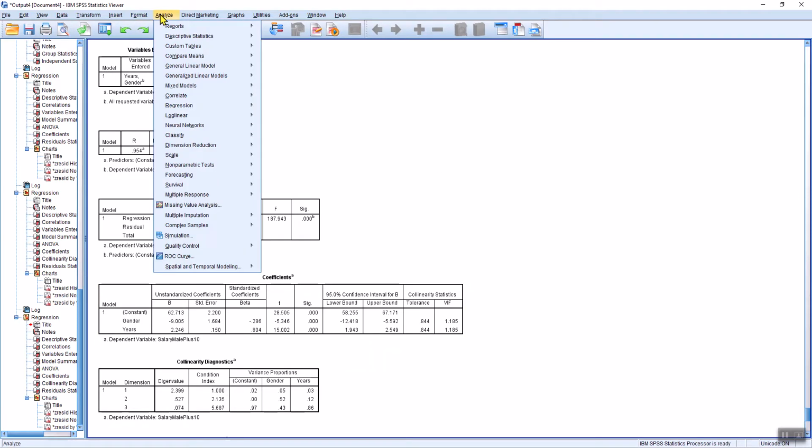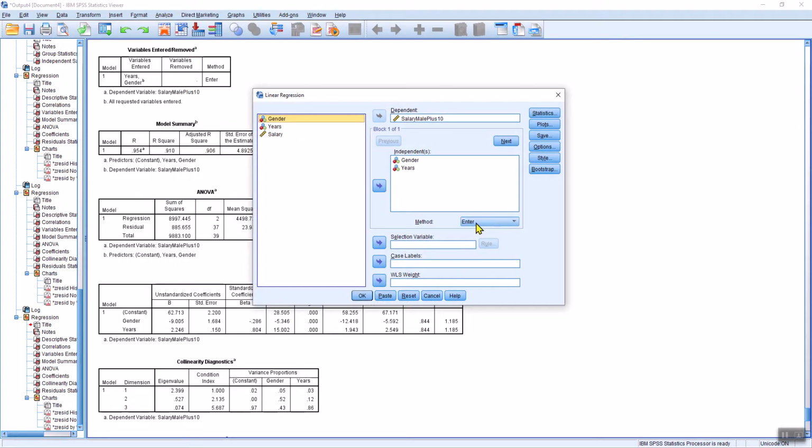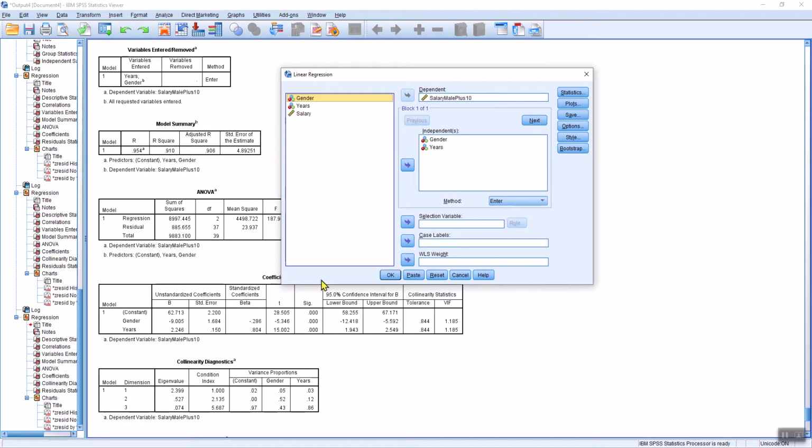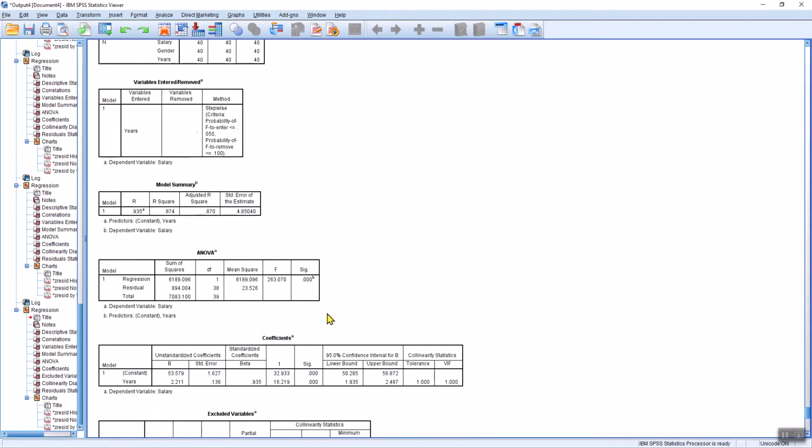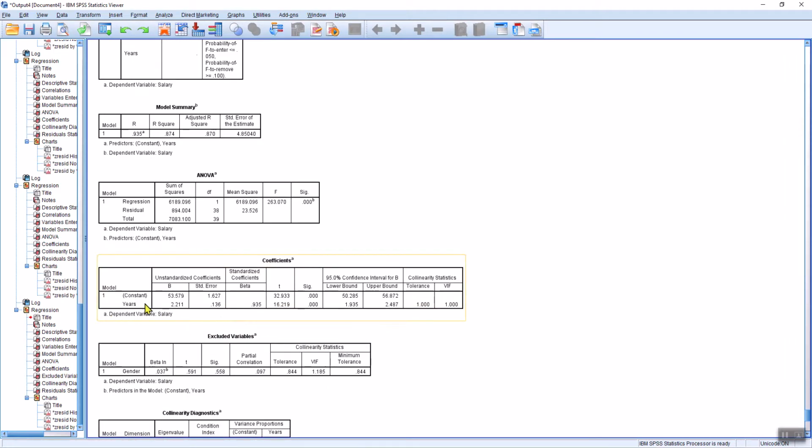So one last thing to show: what would happen if we did the regression using stepwise instead of enter? So notice the numbers here. Actually, let's go back here, I'll do it both ways. So I'll use just the regular salary, the previous one where gender was not significant, and I'm going to use stepwise. And click OK. And so now what you get for the regression model is only the variable that's significant, that's years with the company.